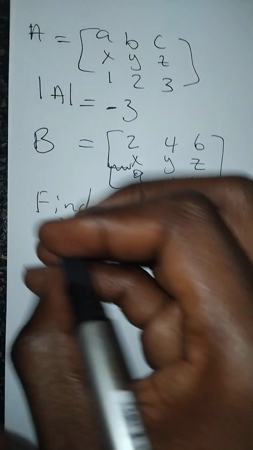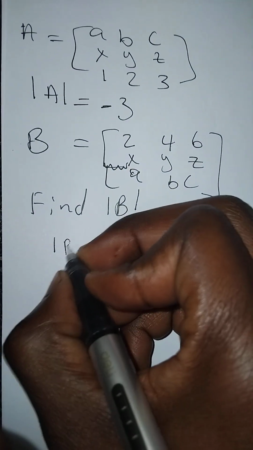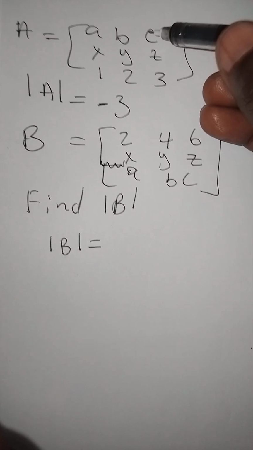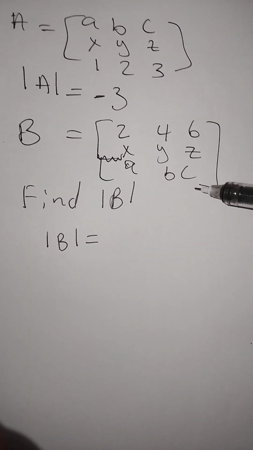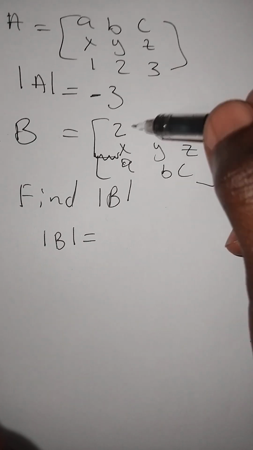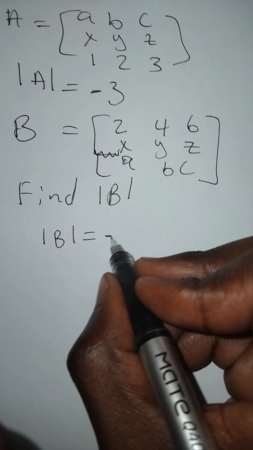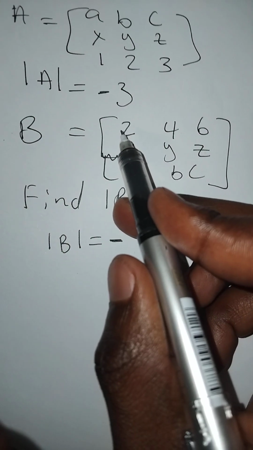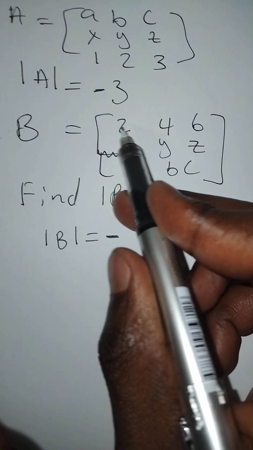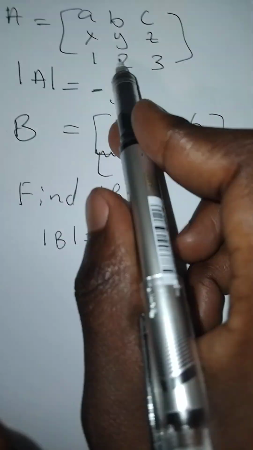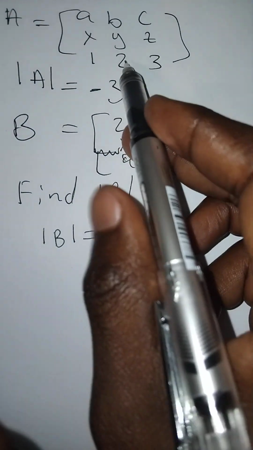Okay, so now let's see. From the interchanging, we see this one is now on the first row, and we expect a negative sign. Then they also multiplied this row by 2. 2 by 1 is 2, 2 by 2 is 4.